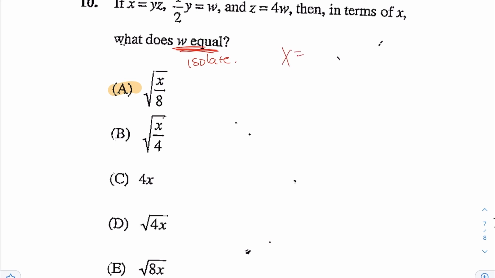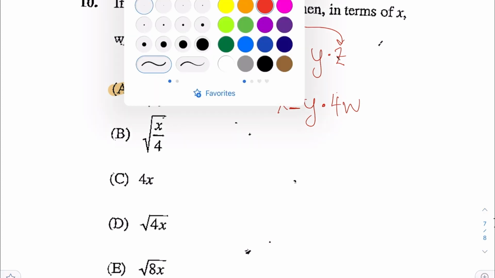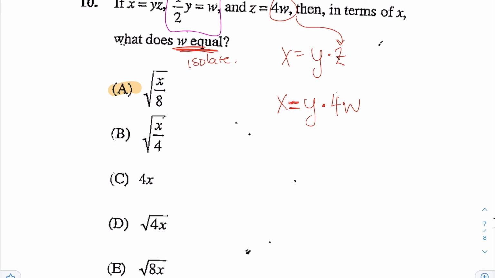So you have x is equal to y times z. Again, you want to replace z with 4w. So the first step would be the same. It would be x is equal to y times 4w. I want to keep the w there. And you don't want the y. So now you'll take this equation, 1/2 of y is equal to w.